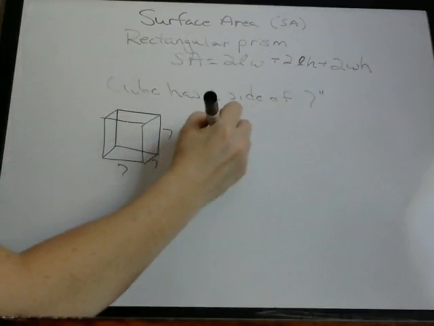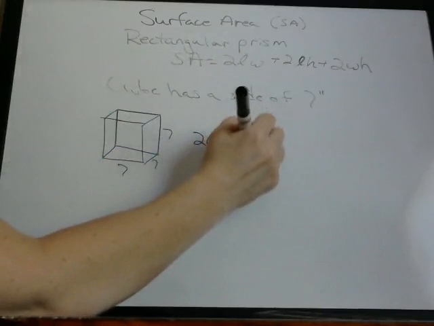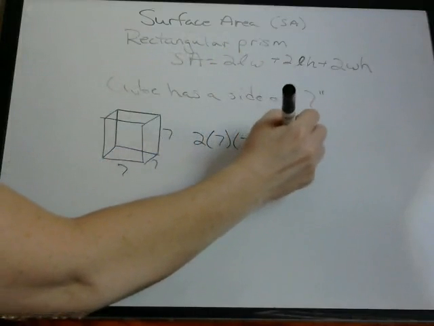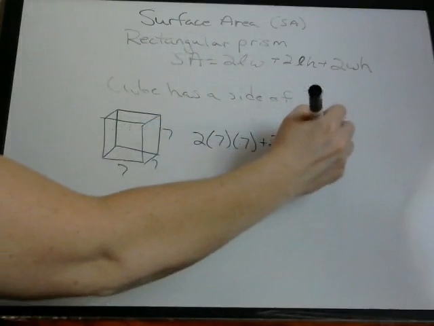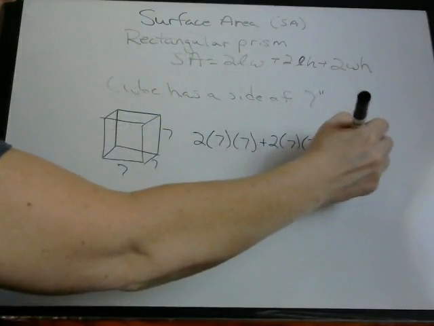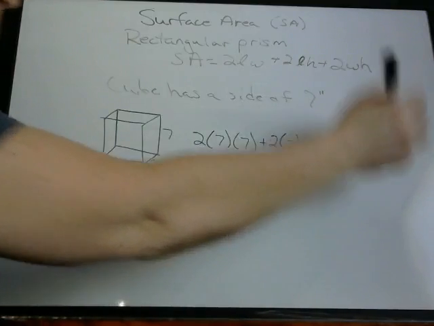So again, we do 2 times length, which is 7, times width, which is 7, plus 2 times length, which is 7, times height, which is 7, plus 2 times width, which is 7, times height, which is 7.